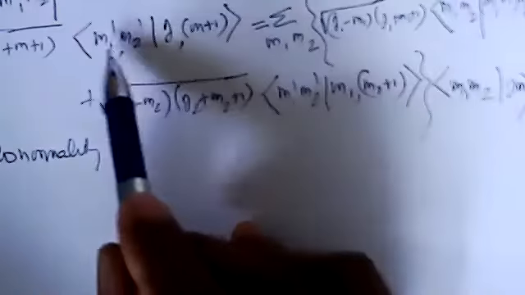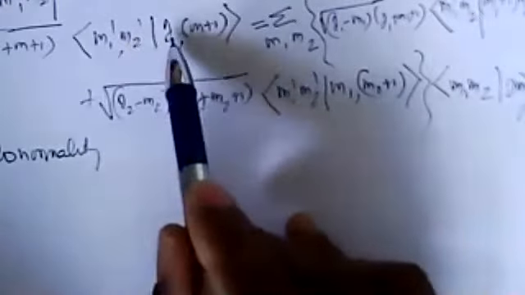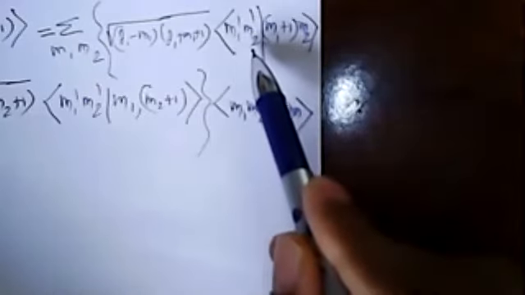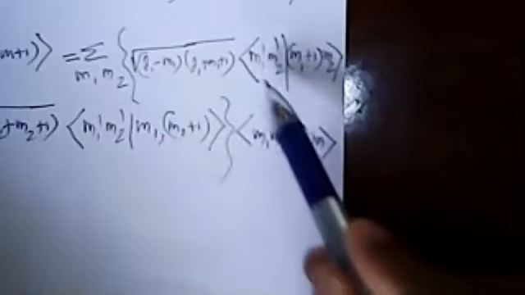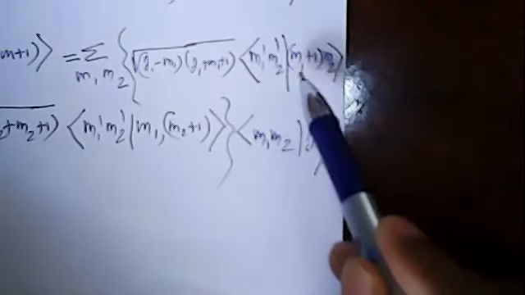What is the result of this one? ⟨m1' m2'|j⟩, let it be there, don't touch that. Take the orthonormality of this quantity, ⟨m1' m2'|, let the left side remain the same. Concentrate on the right side. What is the result of this one? ⟨m1' m2'|m1 plus 1, m2⟩.